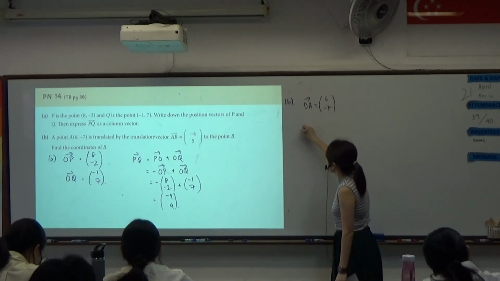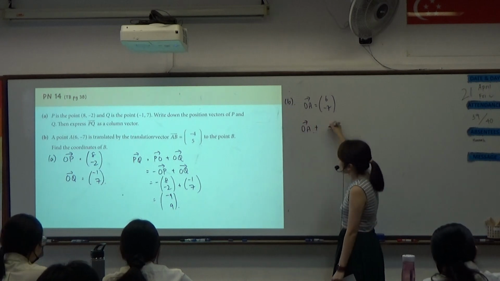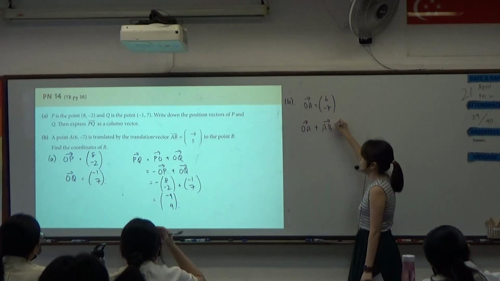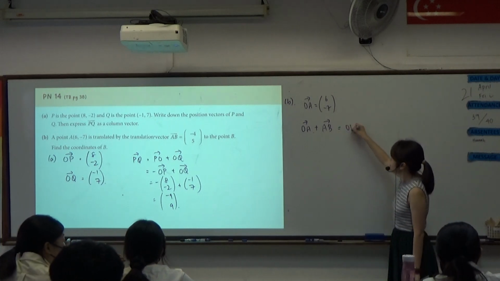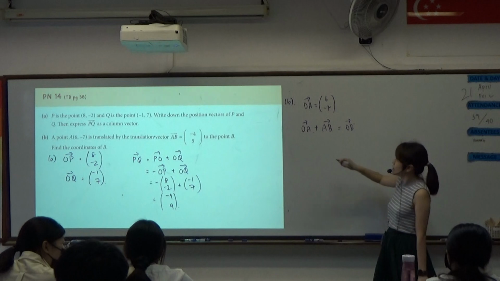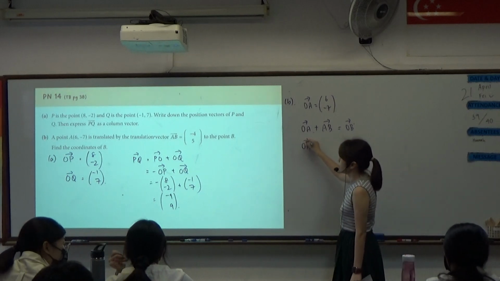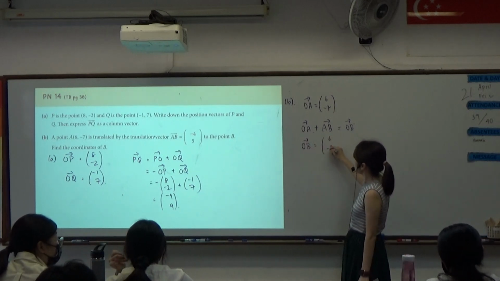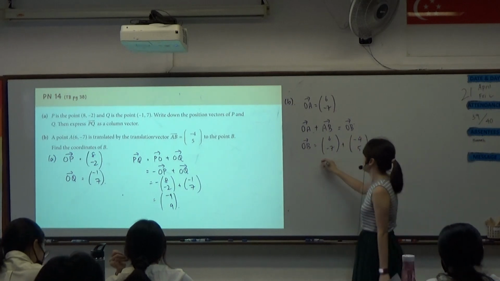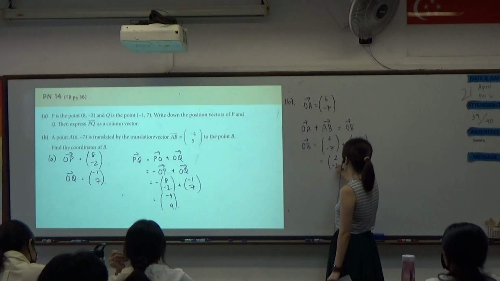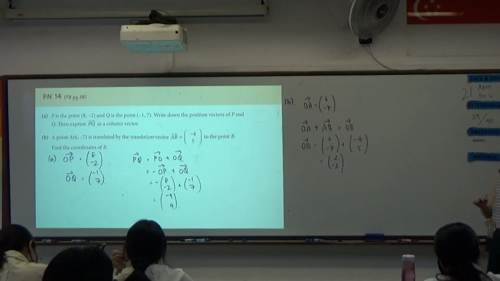And when I apply the vector AB, which means to add it, I will achieve the vector OB. Okay, and OB in this case will be (6, -7) plus (-4, 5), so that we get (2, -2).